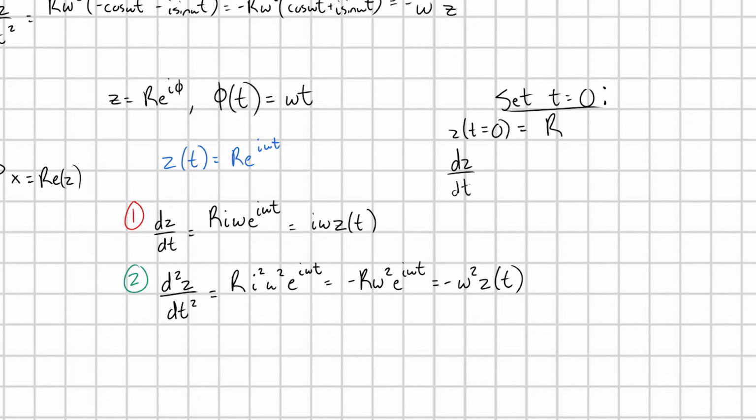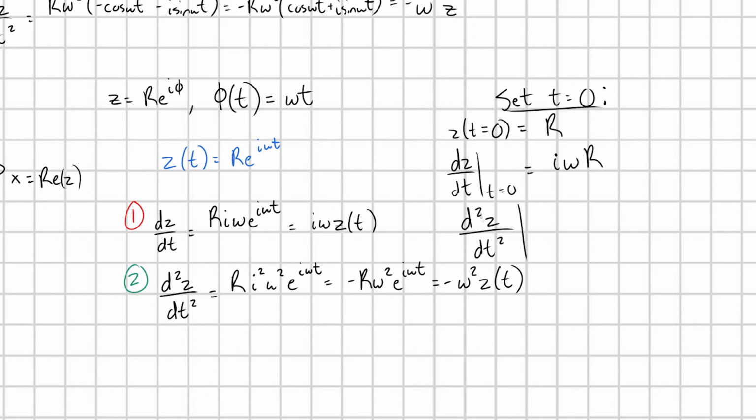dz dt evaluated at t equals 0. What's this going to be? Well, if z at t equals 0 is just r, then this is simply going to be equal to i times omega times r. Great. And next, d squared z dt squared, right?